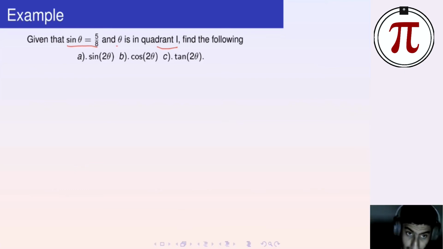Sine is given, then can you find cosine? You can use the Pythagorean identity, right?